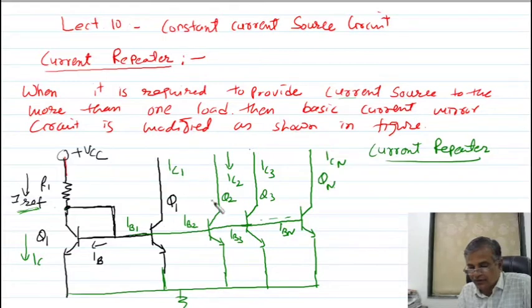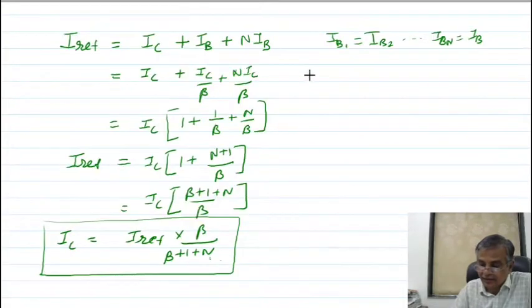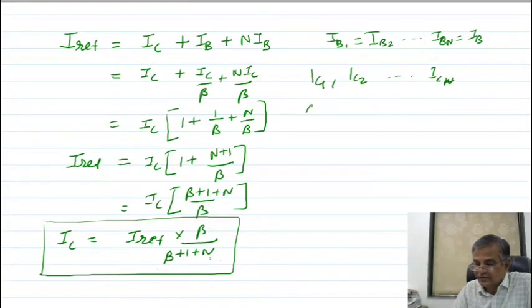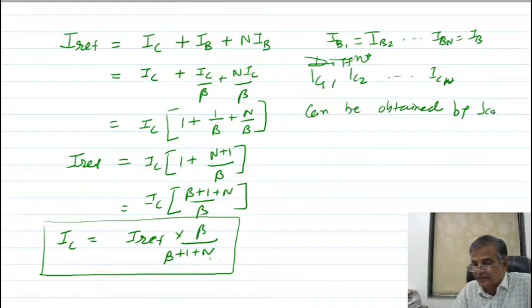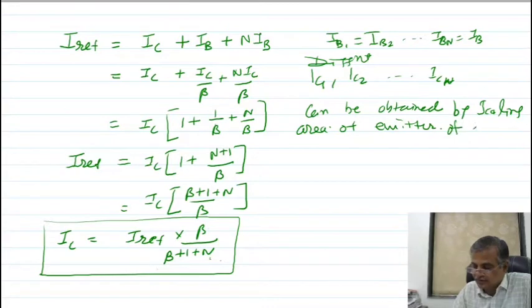Then different values of IC1, IC2 up to ICN can be obtained by scaling the area of each transistor.